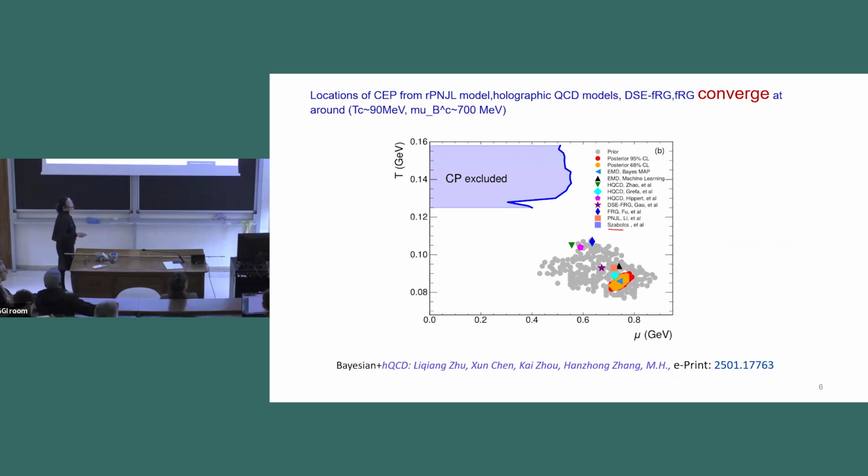And recently we have another, more precise way to predict the location of the critical endpoint. This is holographic QCD plus Bayesian calculation, and this is the precise location of the critical endpoint. And this part is the excluded region from lattice calculation.